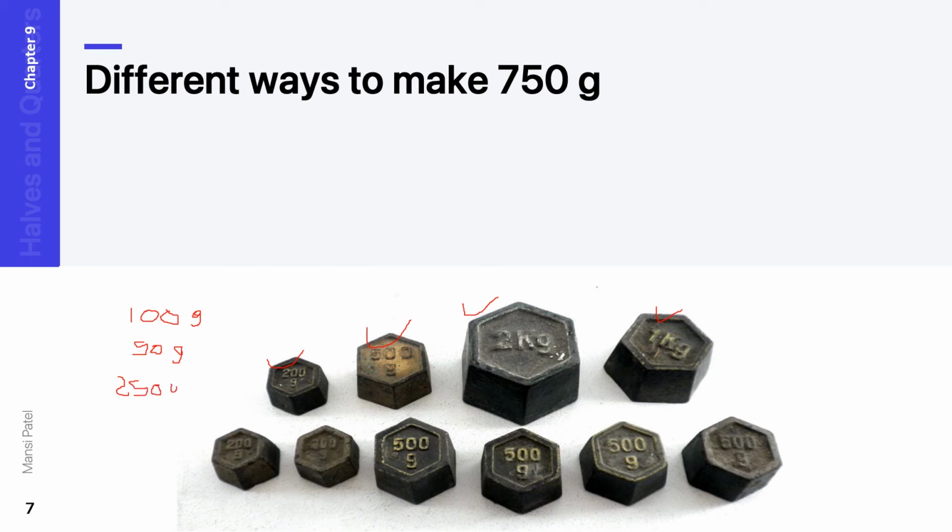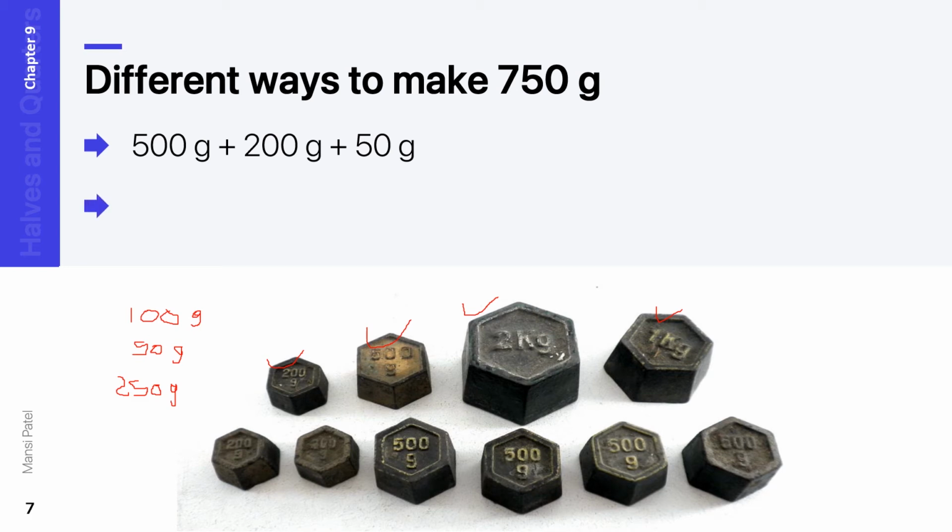You have to use this many stones to make 750 gram. So see here the first way: 500 gram plus 200 gram plus 50 gram. So it makes 750 gram.